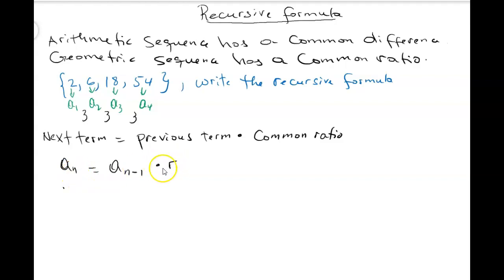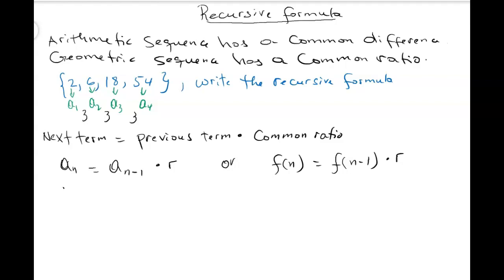And then you times it by the common ratio. So the function notation for that is f of n equals f of n minus 1 times r, the common ratio.